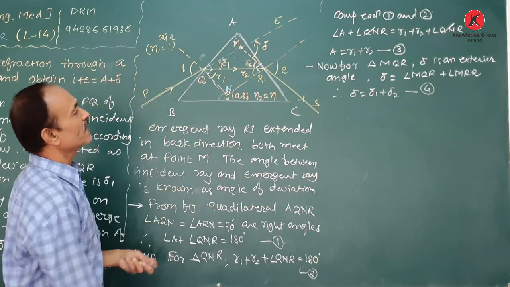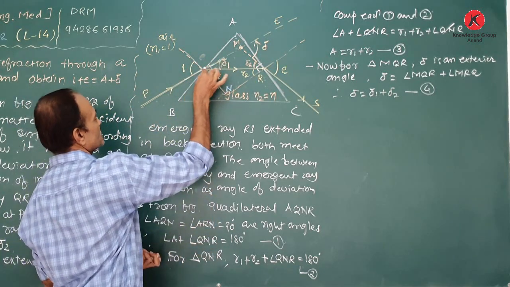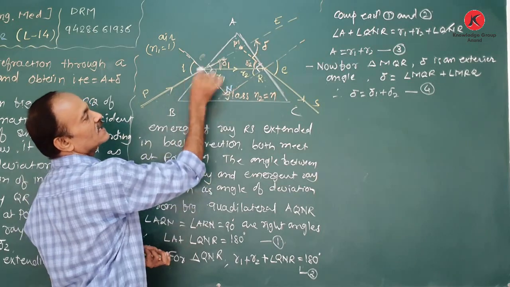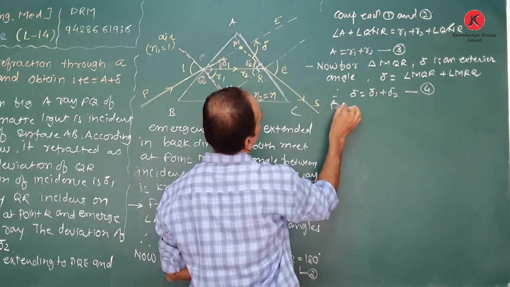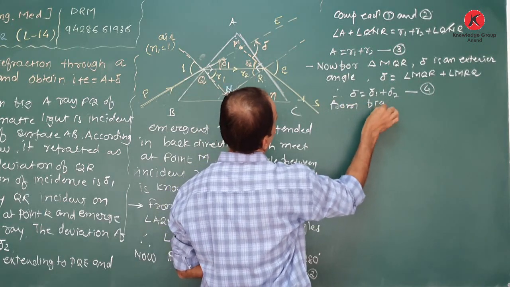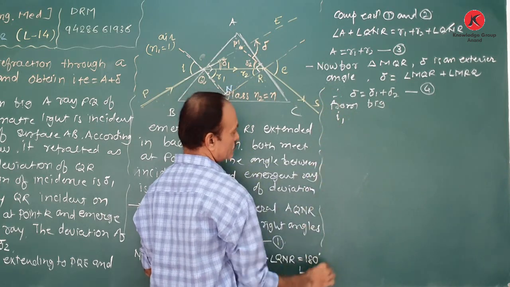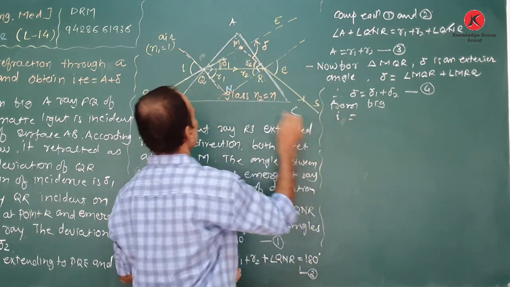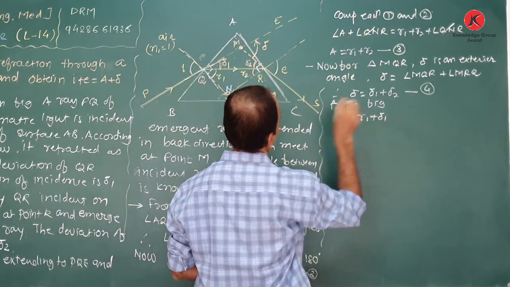And also from the figure, now listen. The angle of incidence I is equal to r1 plus delta 1.